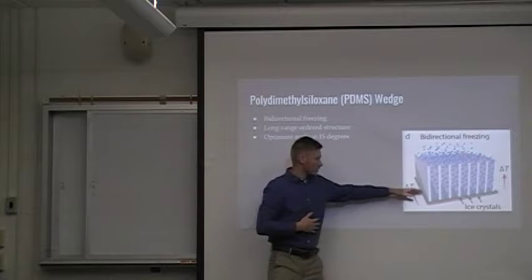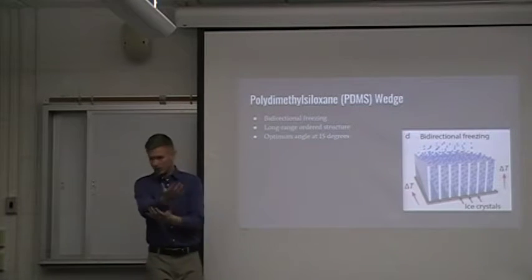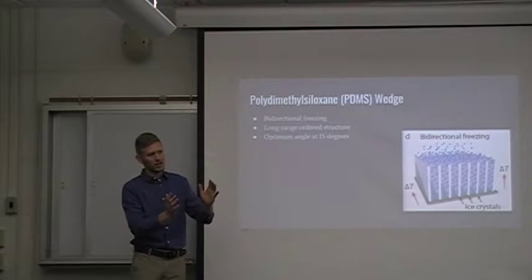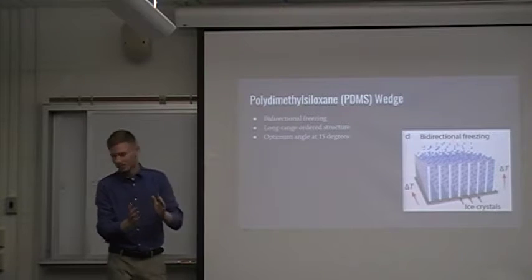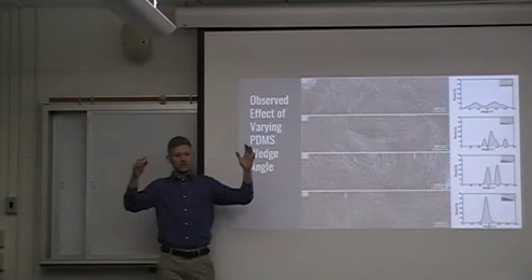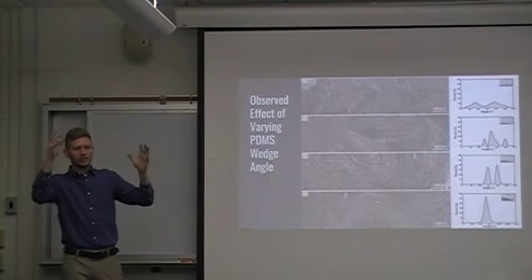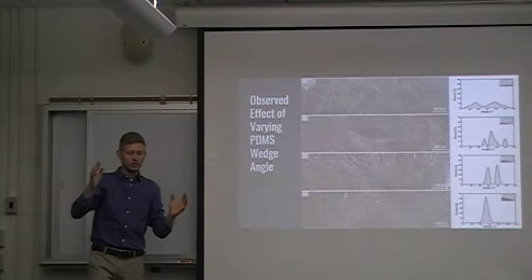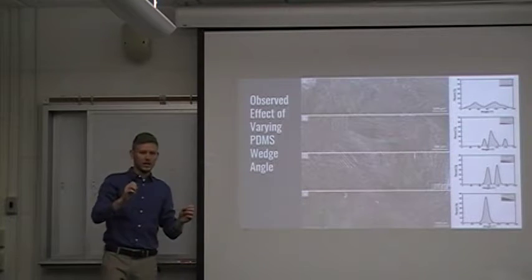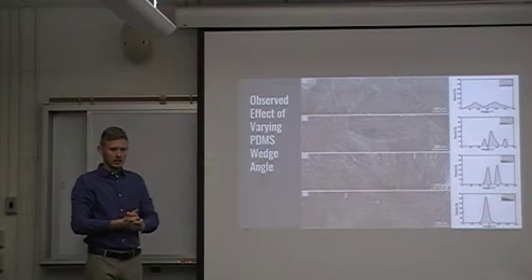So with bidirectional, the higher the angle, we noticed in the next slide, the more compressed and ordered the ice is. Here, it's just random. The graphene is in the ice, the water is in the solution, and it's just all freezing, no direction, no order to it at all. Just whenever ice wants to nucleate, it does. So you don't get good structure that way.